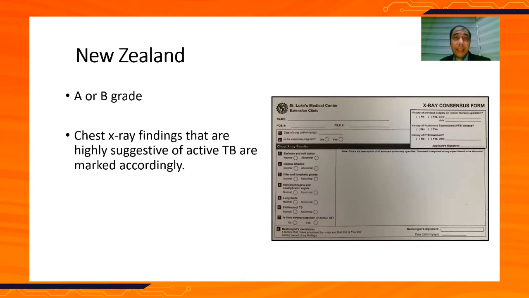For New Zealand, the chest X-ray findings are graded also A or B. Chest X-ray findings that are highly suggestive of TB, such as your extensive infiltrates and your cavitary lesions, are marked yes in the worksheet and in eMedical.